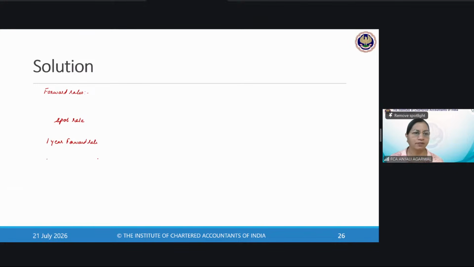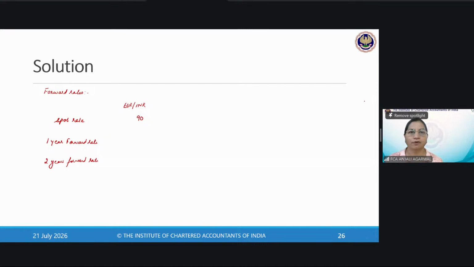And 2 years forward rate. The spot rate for Euro to INR is given as 90.